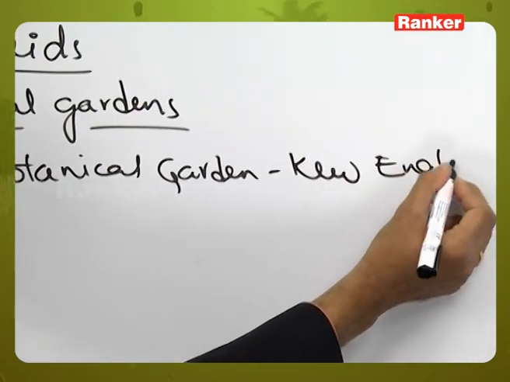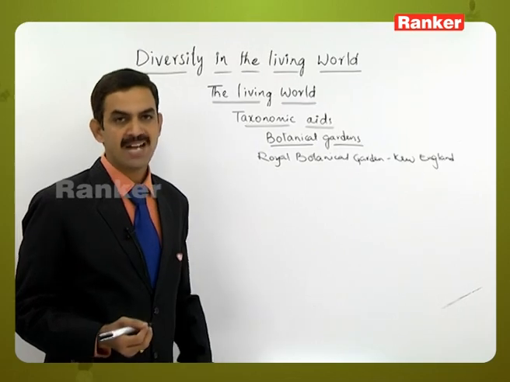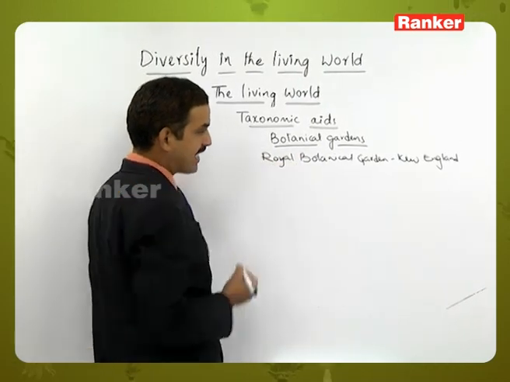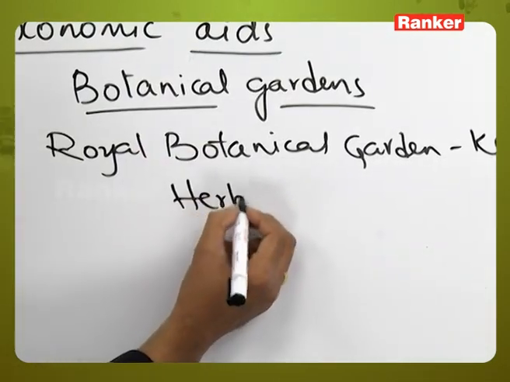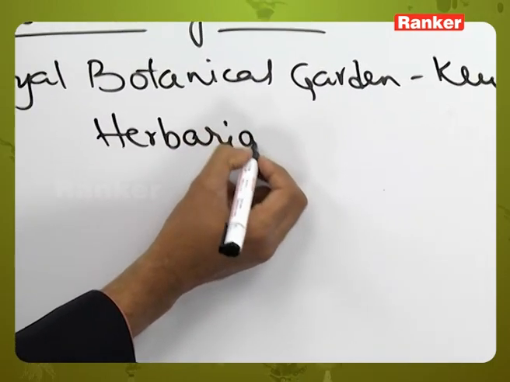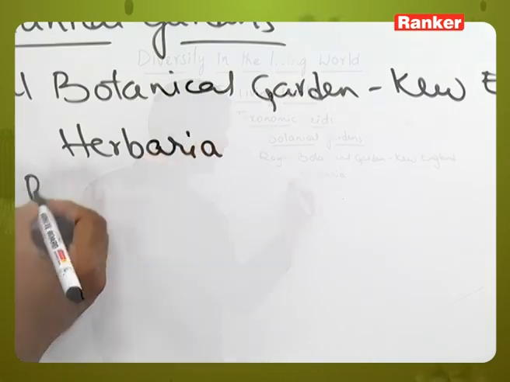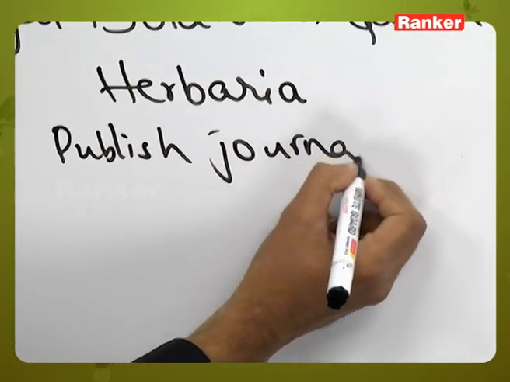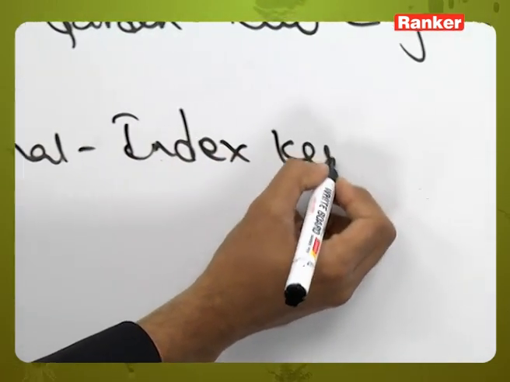This contains not only the herbarium but also internationally known plant species which are growing in that area. And this Royal Botanical Garden has one other special feature: not only does it have the herbarium or herbaria of all the plant species, but it also publishes a journal called Index Kewensis.